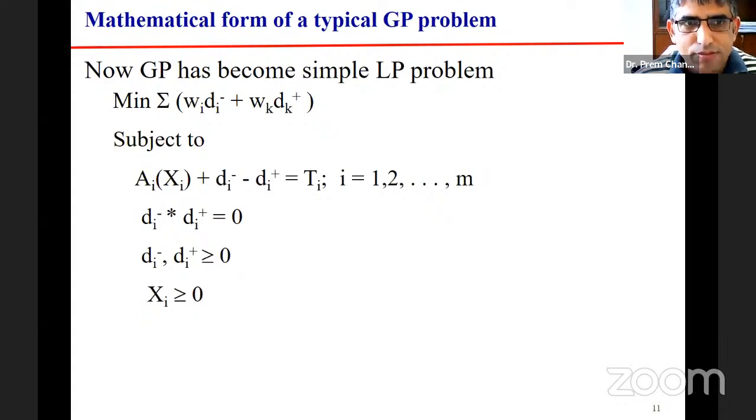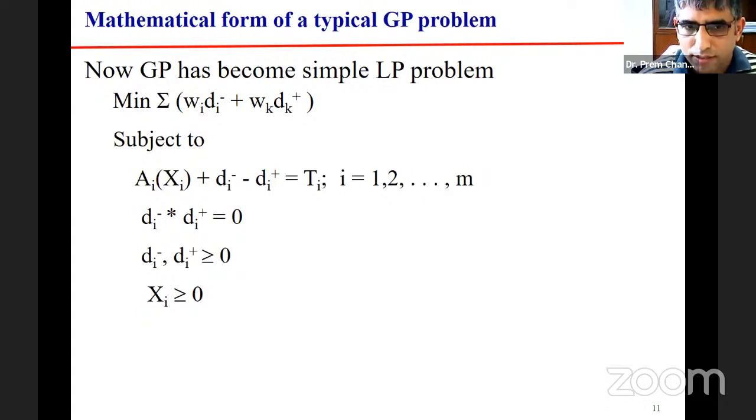My objective here is minimization of the sum of deviations from the goals, subject to the constraint that the actual value plus negative deviations minus positive deviations equals our targets, and at least one of these will be 0.